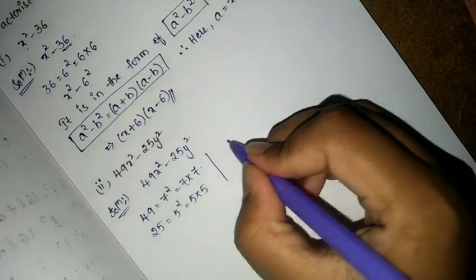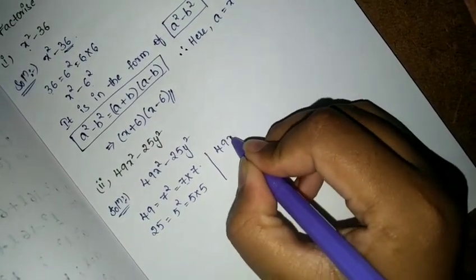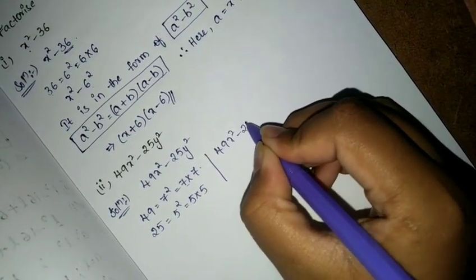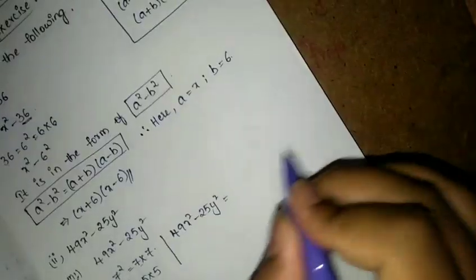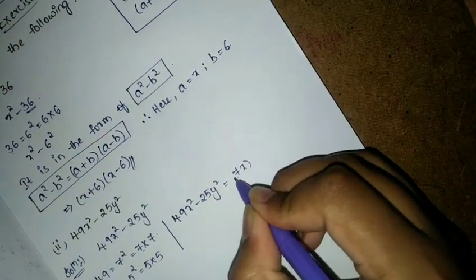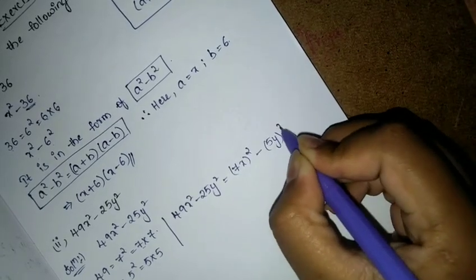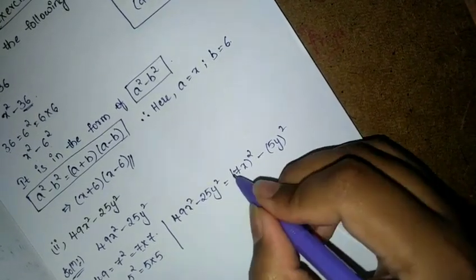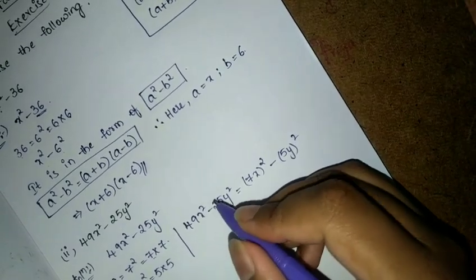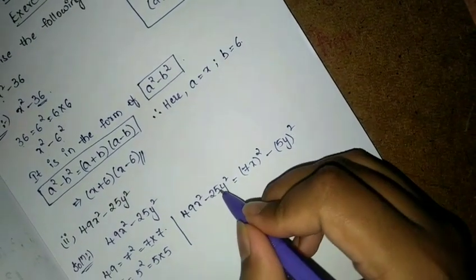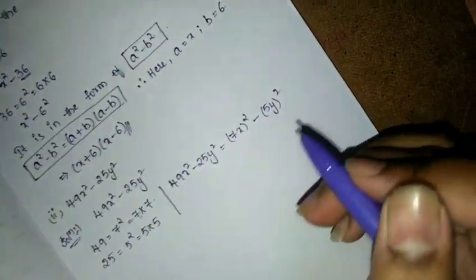So we can write 49x square minus 25y square as (7x) whole square minus (5y) whole square. 7 sevens are 49, x square, minus 5 fives are 25, y into y, square.